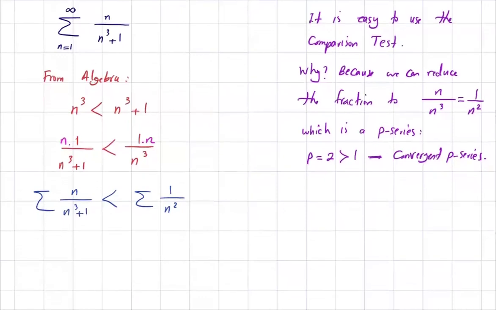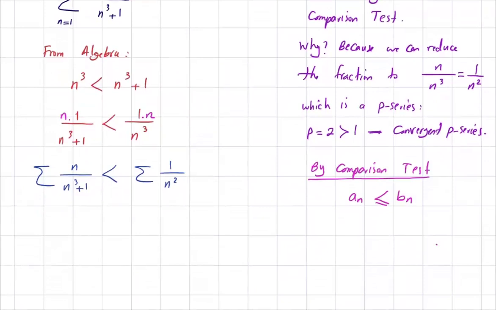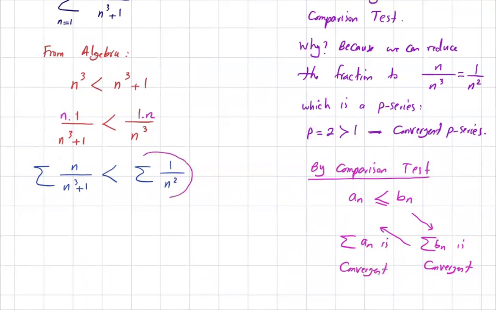By comparison test, if an is less than or equal to bn, and if the larger series is convergent, you can indeed conclude that the smaller series is convergent as well. But this guy on the right-hand side is a p-series.